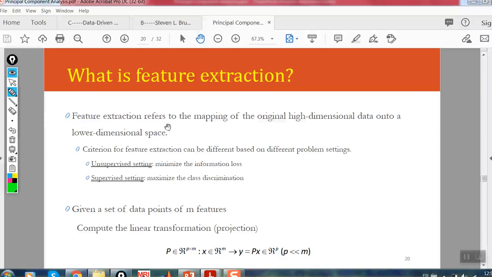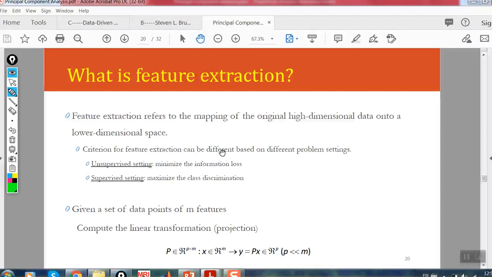Feature extraction refers to the mapping of the original high dimensional data onto a lower dimension. For example, you have an image. Instead of analyzing and processing the image directly, you can reduce this high dimensional data to only one vector.